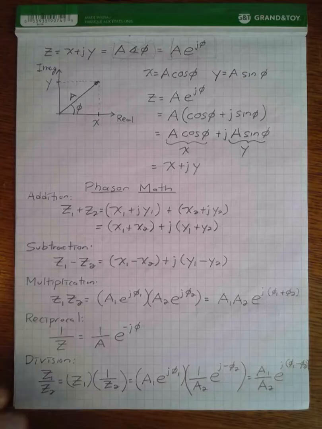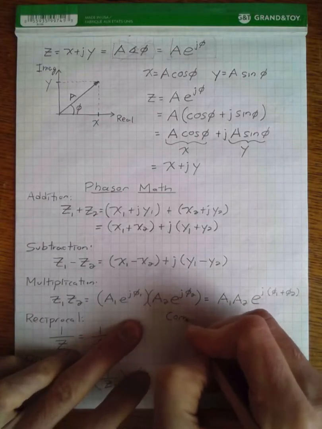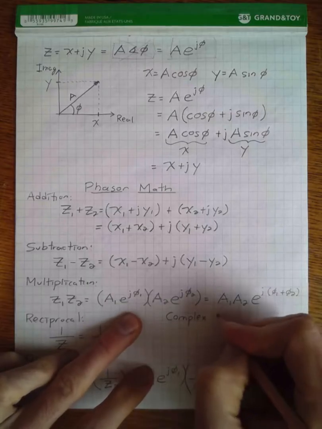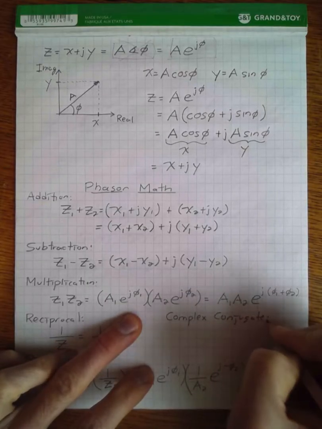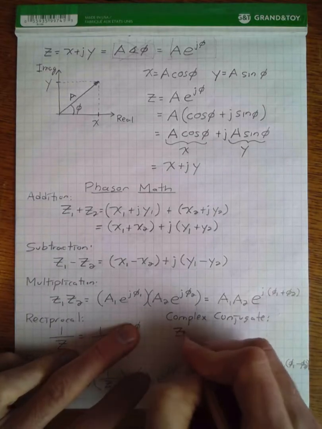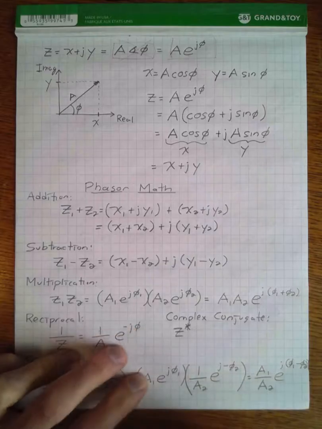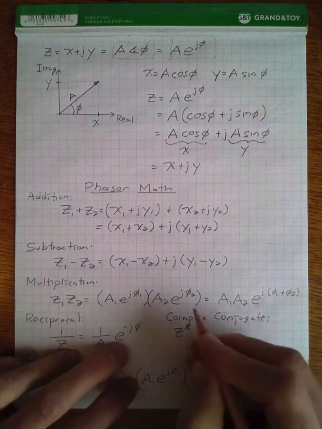And finally, I'm running out of room, but I'll just put it over here. Complex conjugate. If you take the complex conjugate of something, I usually represent it by a superscript asterisk.